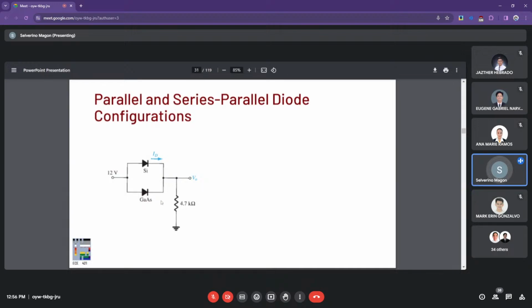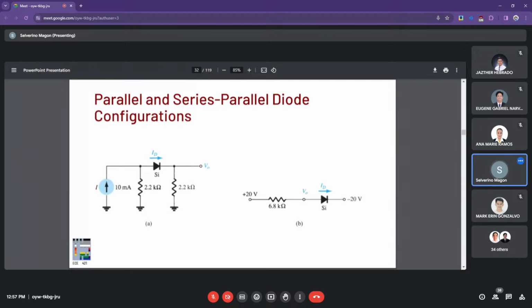So you cannot go even further than 0.7, and you will not be able to turn the gallium arsenide diode on. And so you can just simplify this by having these components, the supply, the silicon diode, and the load resistor. No? So that will be very much similar to our first example. Just disregard the gallium arsenide device there.